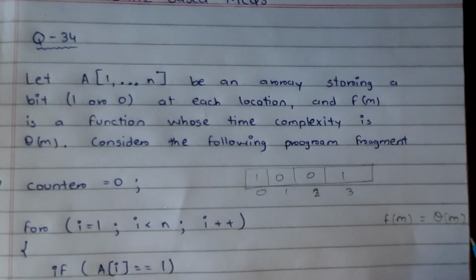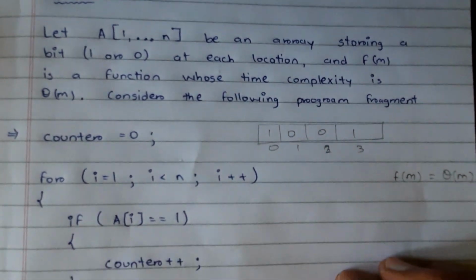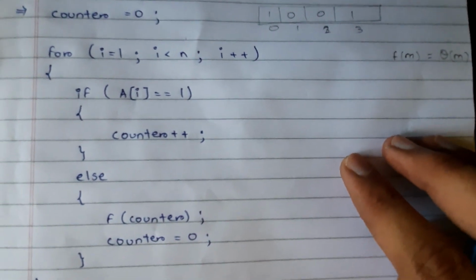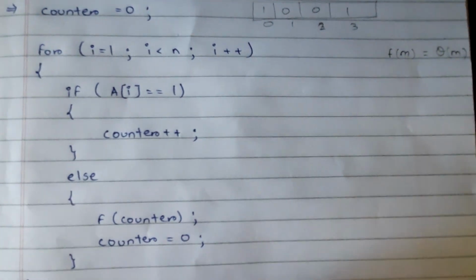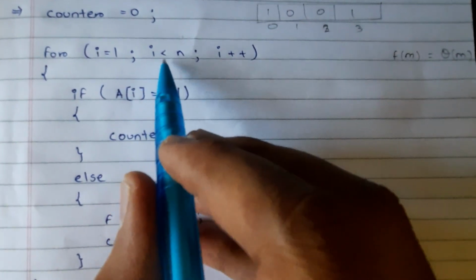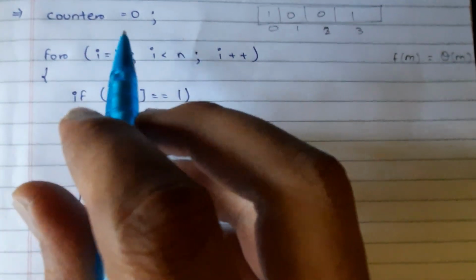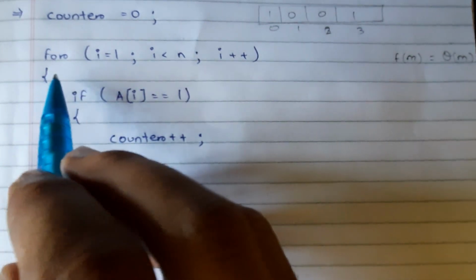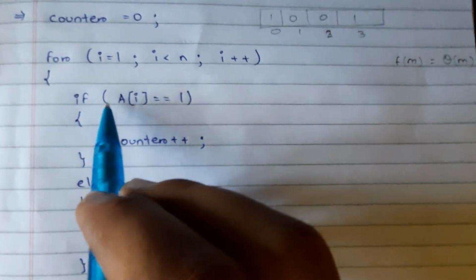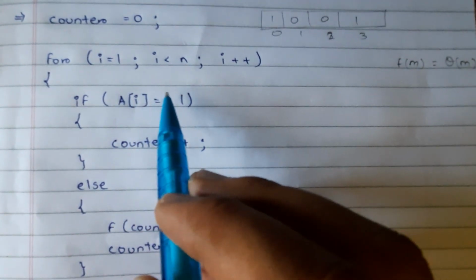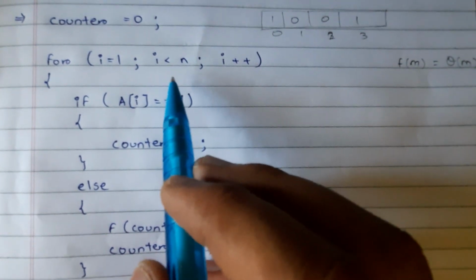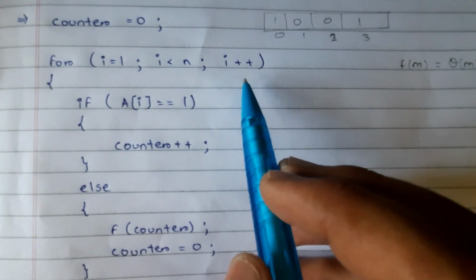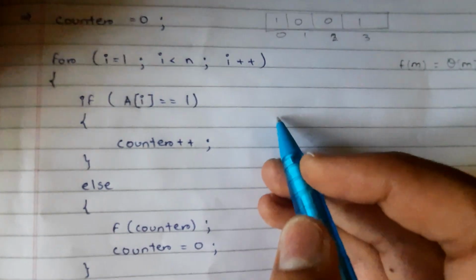So let us consider the following program fragment which is given to us to solve the question. This is the code which is given to us. Now counter is an integer which is initialized as 0. Now there is one for loop which starts from i equals 0, and it will iterate until i is less than n, and after each iteration the value of i will be incremented.